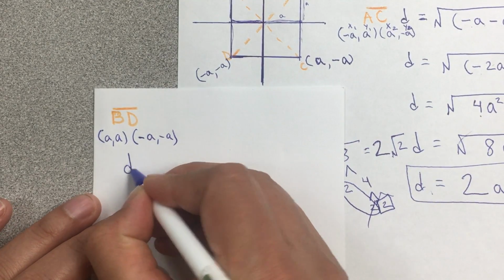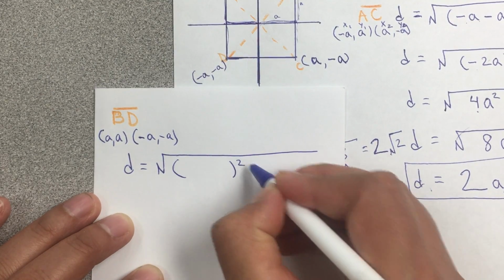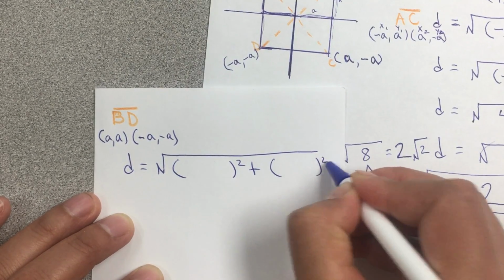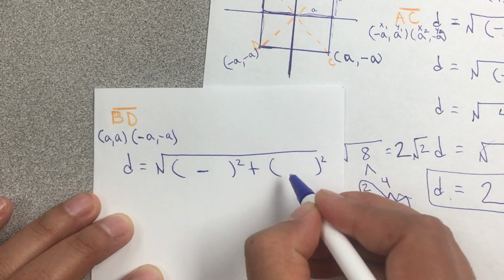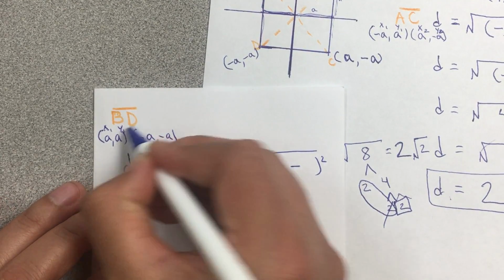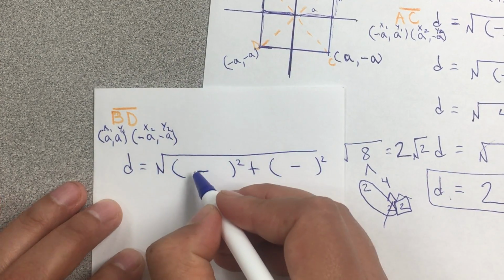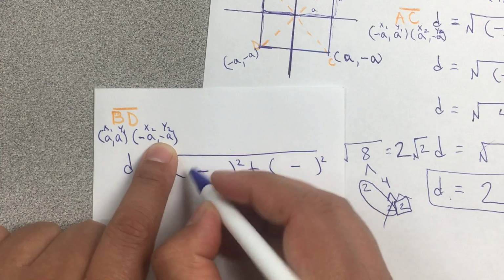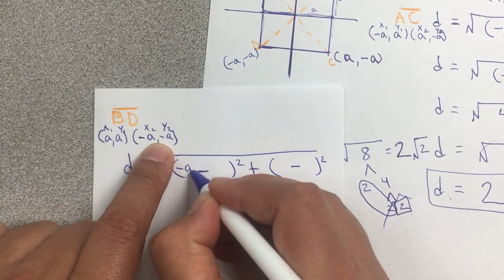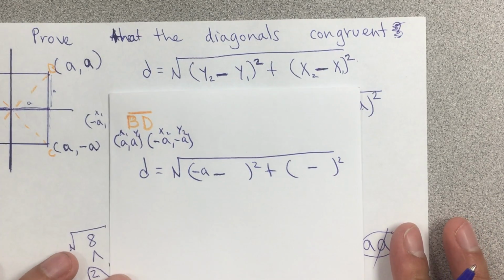So d is equal to, remember the square root on both, the minus in the middle, and then we start. Remember that this is x1, y1, x2, y2. So at the beginning we have y2, which is negative a, and let me put that formula right here so you can see it.